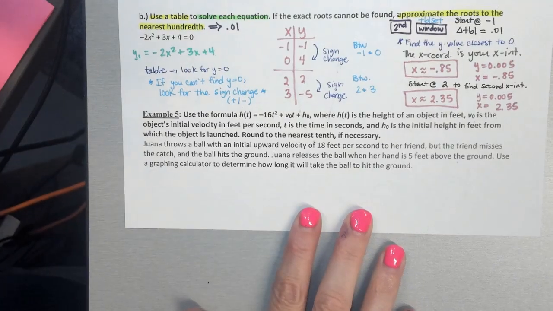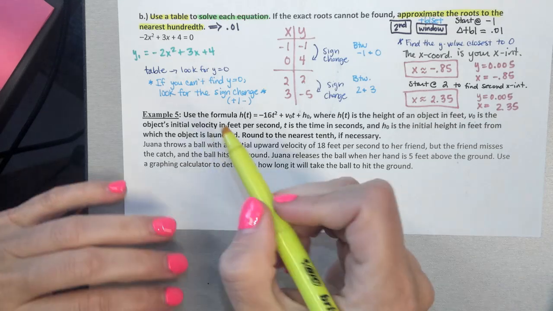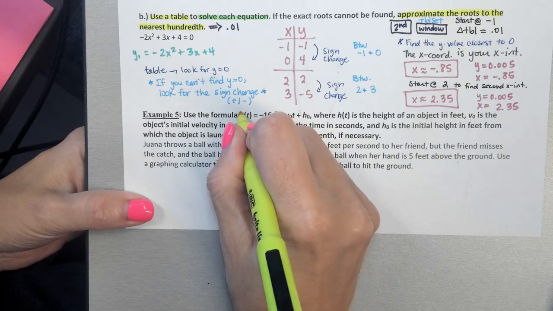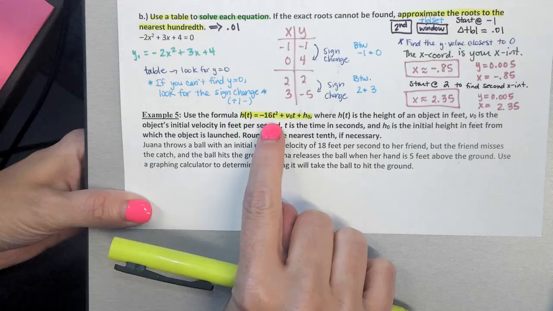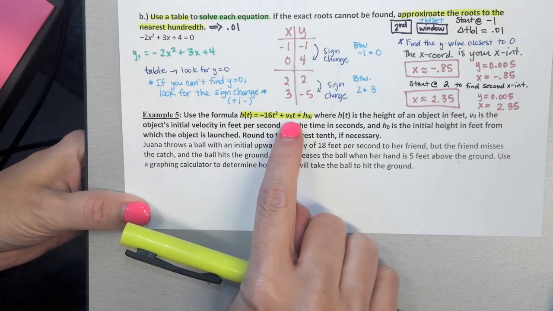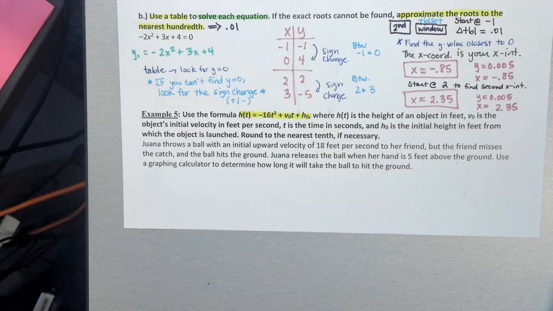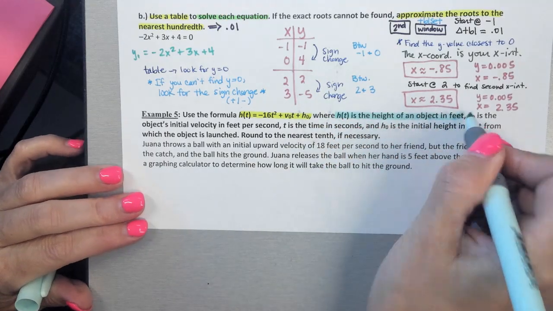All right, and then the last thing we're going to do today is an application. So when you take physics, you might see these again. When you're using this formula, h of t is equal to negative 16t squared plus v sub 0 multiplied by t plus h sub 0, where h of t is the height of an object in feet.